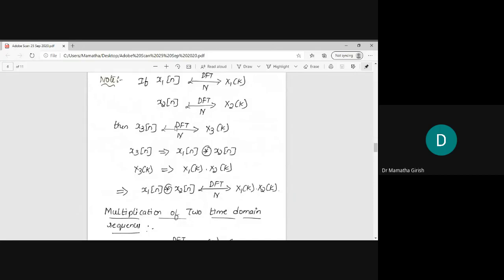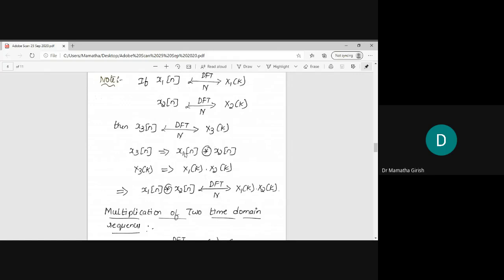So the conclusion of the above property is, if x1 of n forms an N-point DFT pair with x1 of k, similarly, if x2 of n forms an N-point DFT pair with x2 of k, and if I define a new sequence x3 of n, which forms an N-point DFT pair with x3 of k, in the time domain, what is x3 of n visualized as?